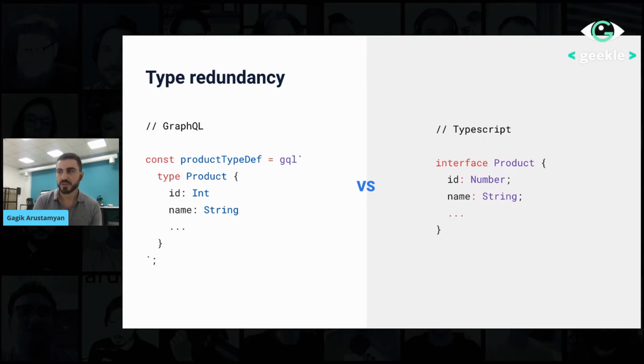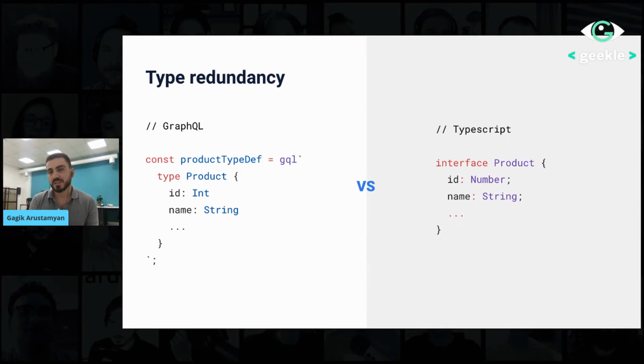On the left, you can see a definition of a type. For example, we are defining our data graph. We say we have a product, it has an ID and a name. Then on the right, we have an interface that represents that, because it's TypeScript code and we need to be able to work with our types and define, I don't know, signatures for our methods.